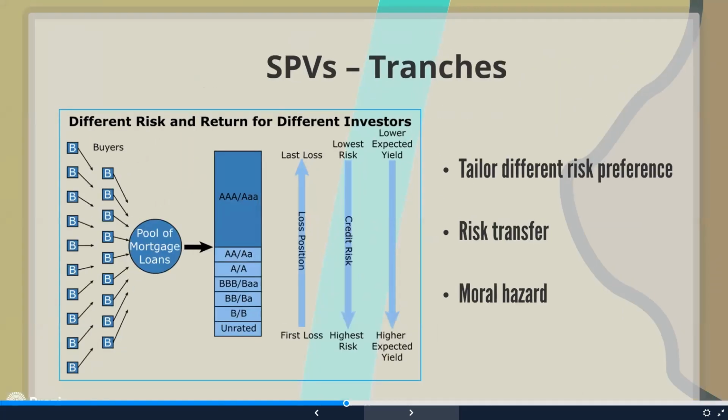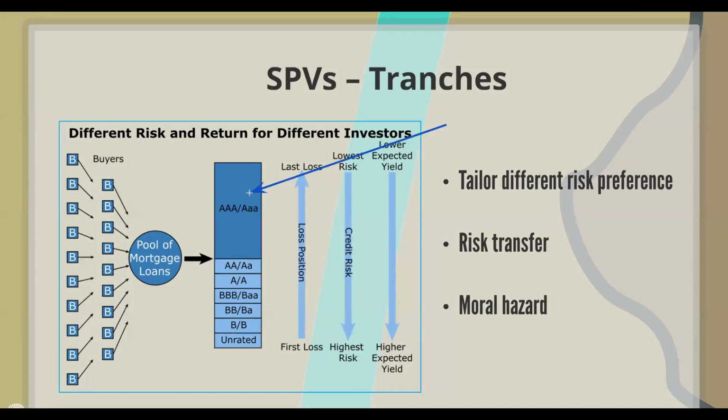So what they did was they pooled AAA rated bonds, which are very low risk, right here. And then the Bs are more high risk. So anything that's B is a high risk mortgage.